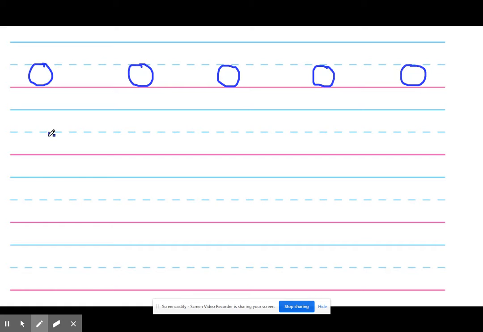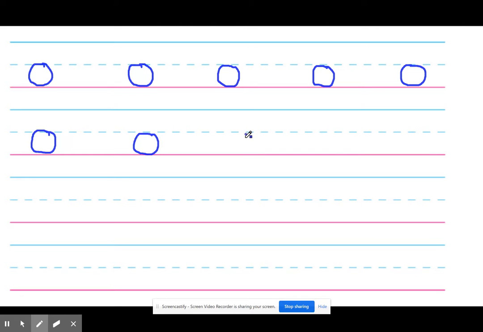Touch below the midline, circle back around left, touch the baseline, and all the way around, lowercase o. Touch below the midline, circle back left, down to the baseline, all the way back around.